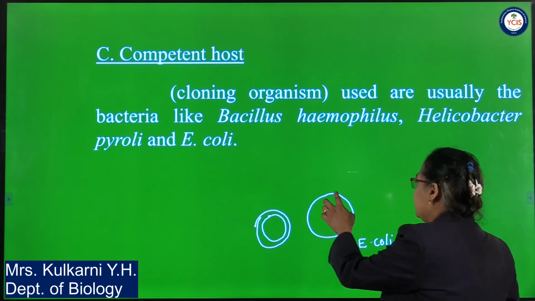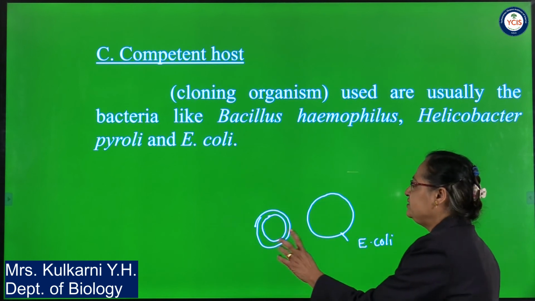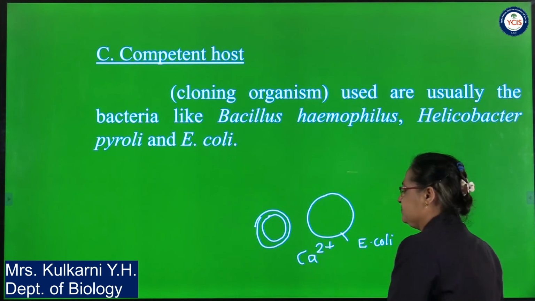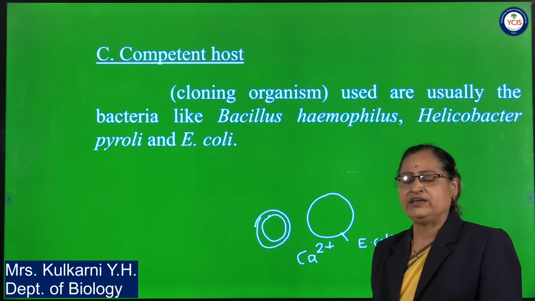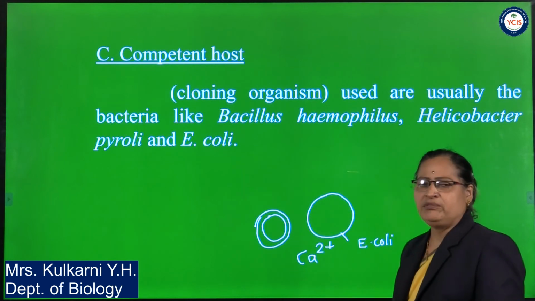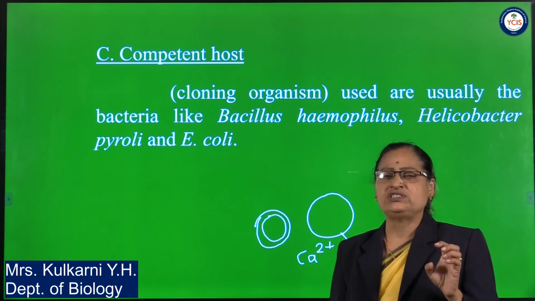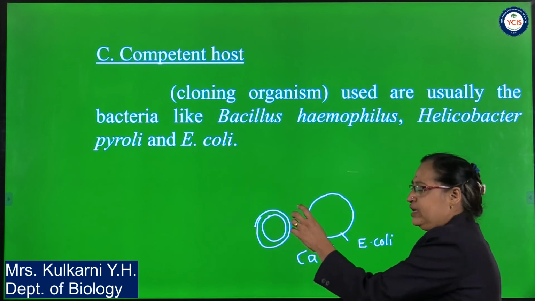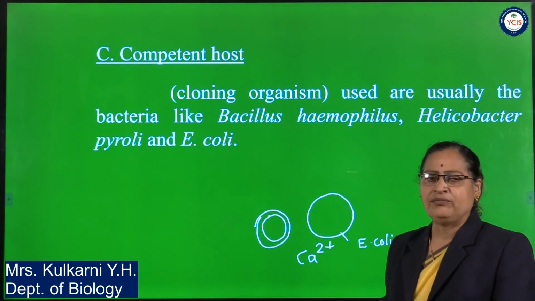So this cell wall is treated with divalent cation, that is Ca2+. When they are treated with divalent cations, then the cell membrane forms small pores. So small pores are formed, and then this DNA can be inserted into this E. coli bacteria.